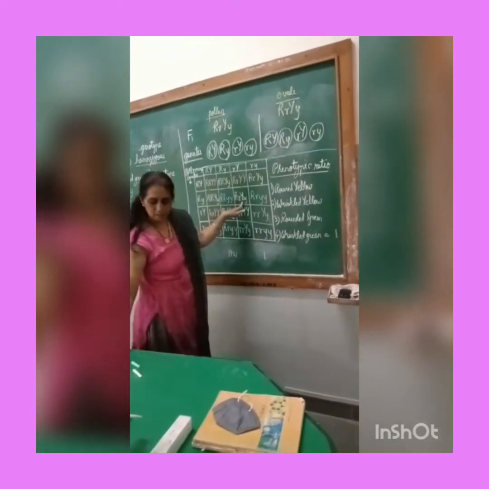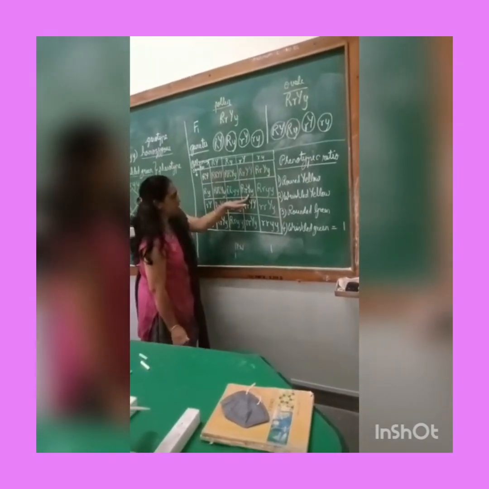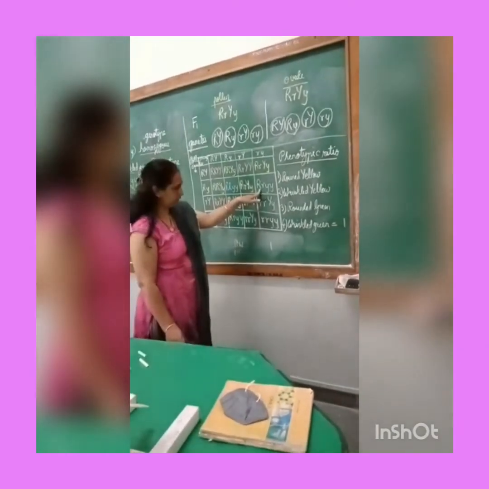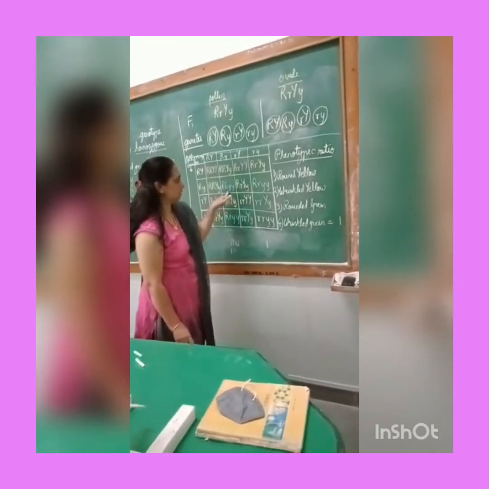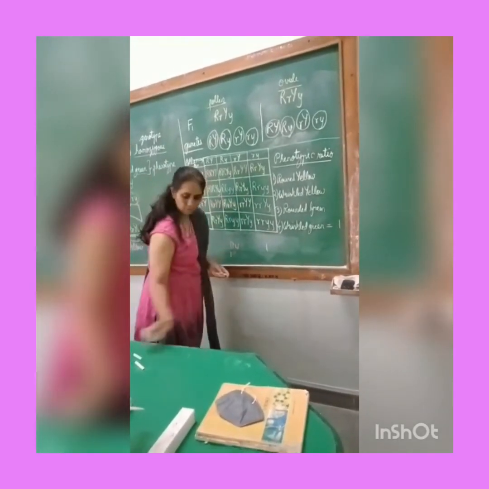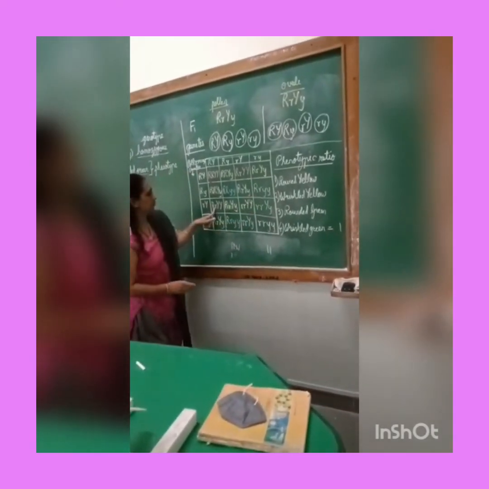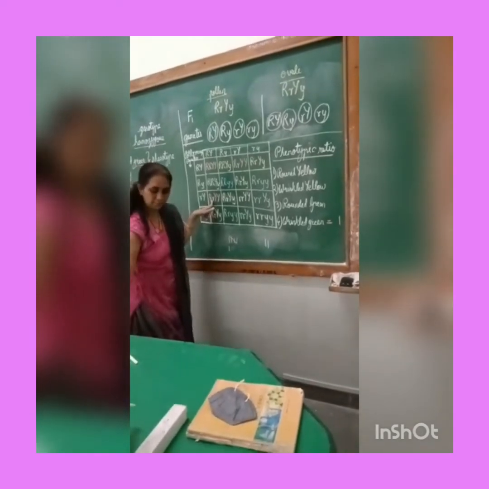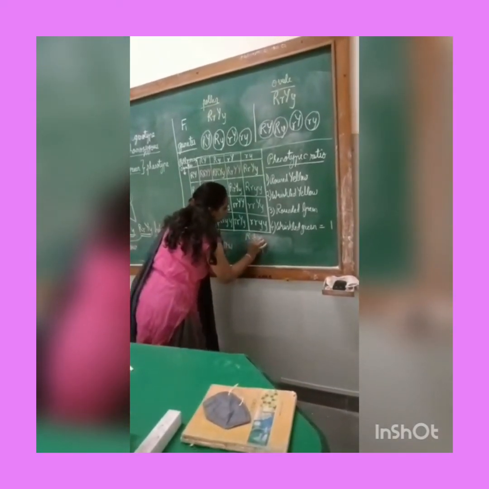How will this be? Rounded and yellow. Rounded and yellow. How will this be? Rounded and green. Just like this, the phenotype will be rounded and green. So we'll put it over here. How will this be? Rounded and yellow. So the third type, I'll just write here rounded and green.